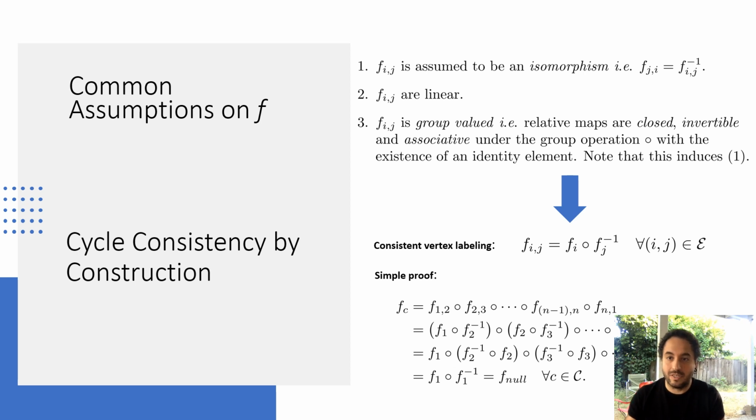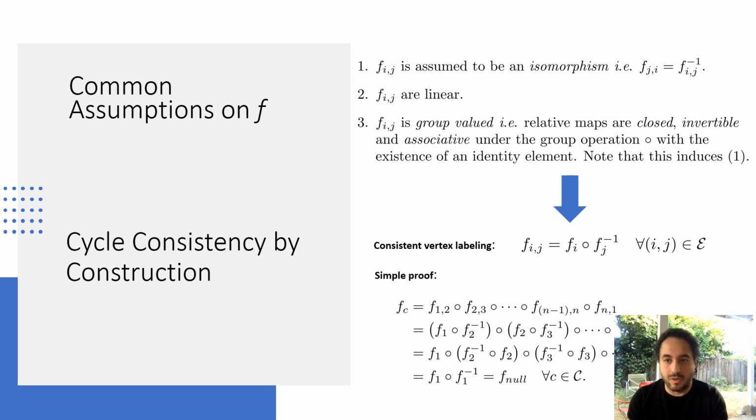If I'm going from I to J and then coming back from J to I, it's likely that I can take Fij and invert it. And these maps are often linear, so think about rotation matrices, or maps from one set of vertices to another, which can be a subgroup of permutations, for instance, and anything really.